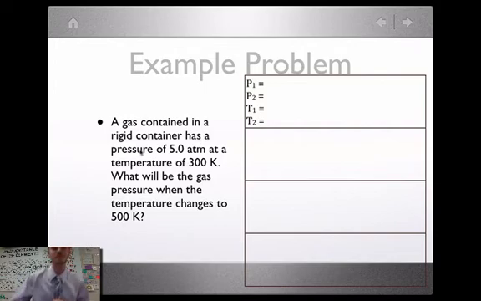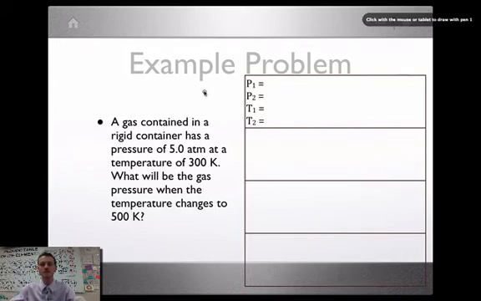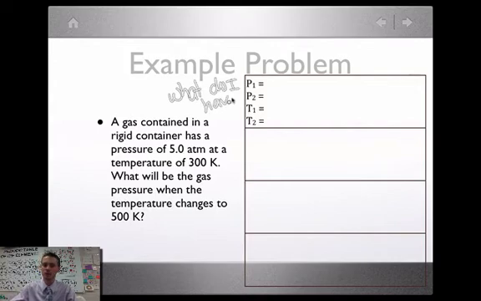Anyway, that container has a pressure of 5 atmospheres and a temperature of 300 Kelvin. What will be the gas pressure when the temperature changes to 500 Kelvin? So let's look through this. The first thing we're going to do is ask ourselves, what do I have? The first thing I see is a pressure.